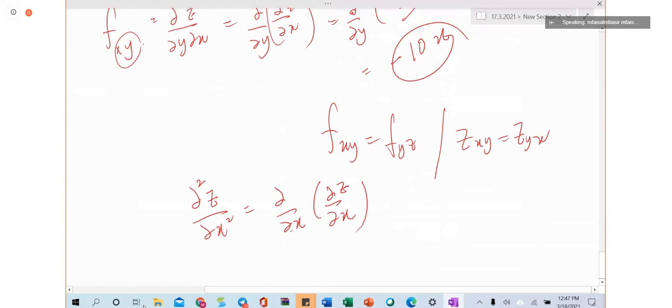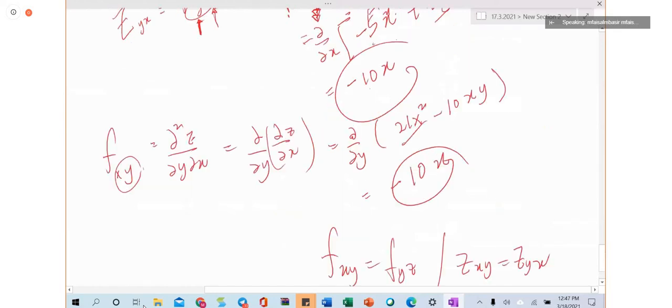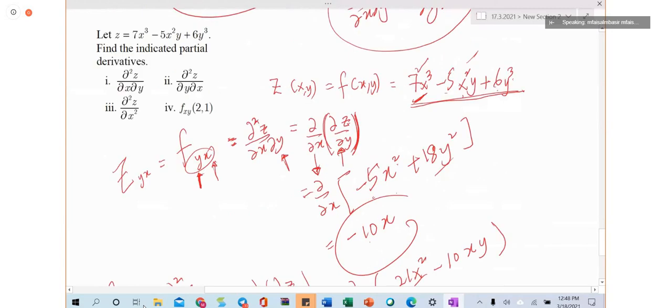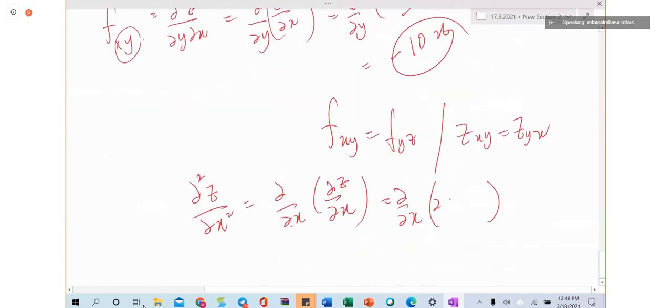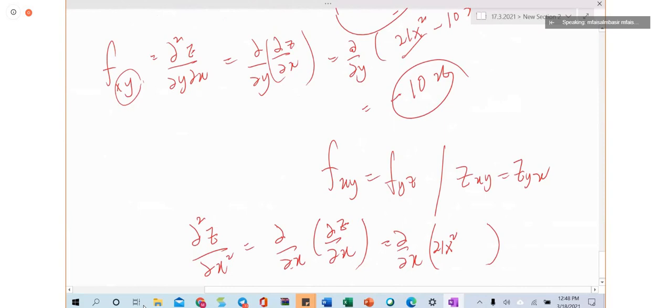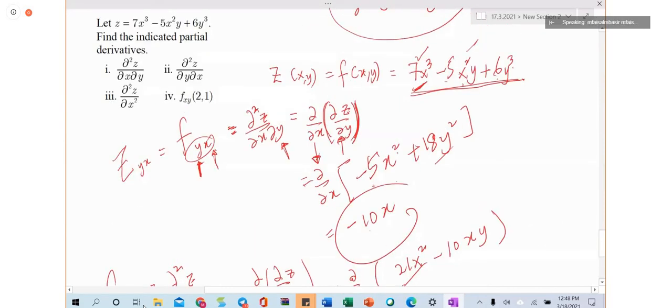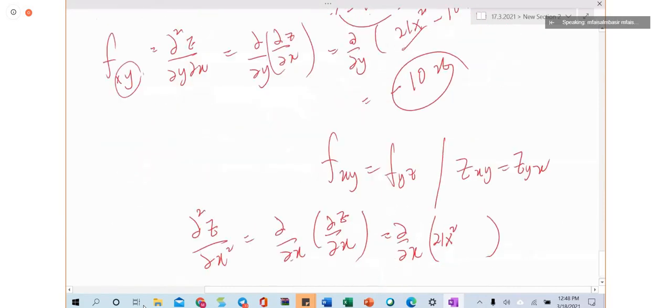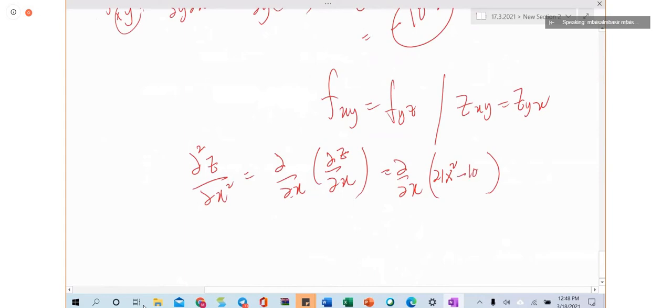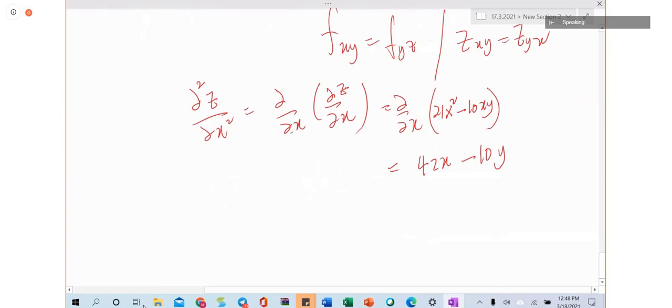Differentiating z with respect to x gives 21x squared minus 10xy. Differentiate again with respect to x: 42x minus 10y. Done.